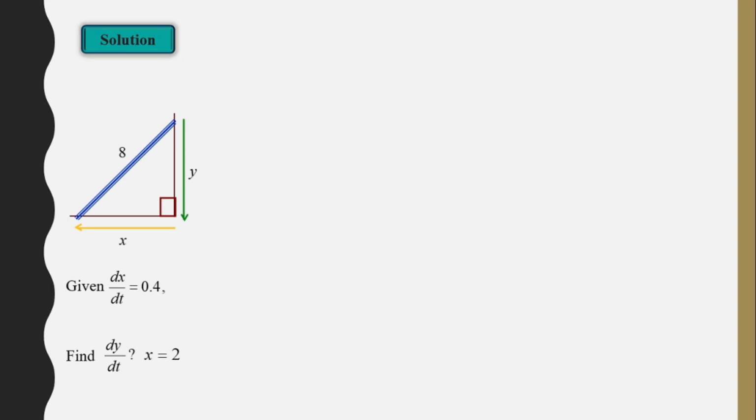Now, we go back to the given figure. As we can see, we are dealing with a right triangle. So, to develop the equation, we will use the Pythagorean theorem. Since x and y change as the ladder slides, the hypotenuse of the right triangle is always equal to the ladder length.